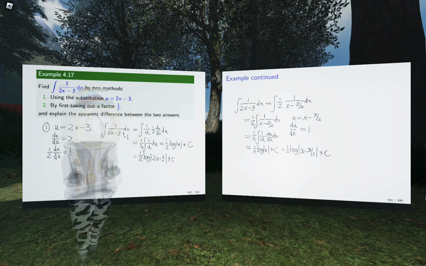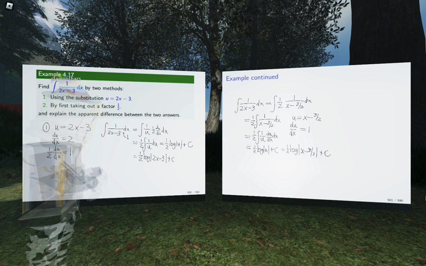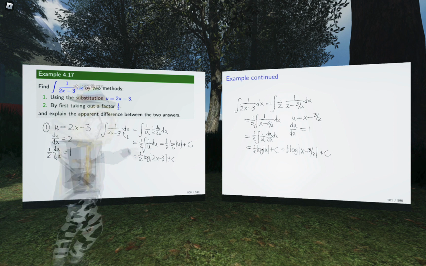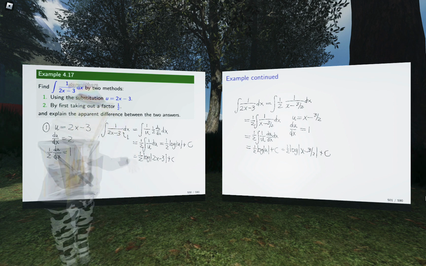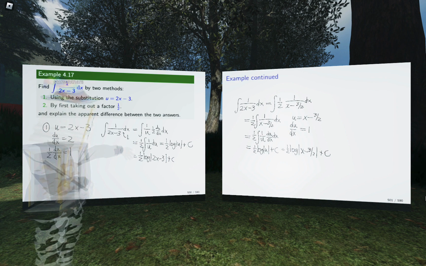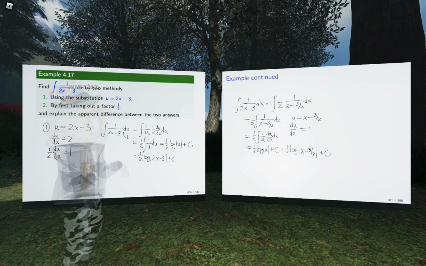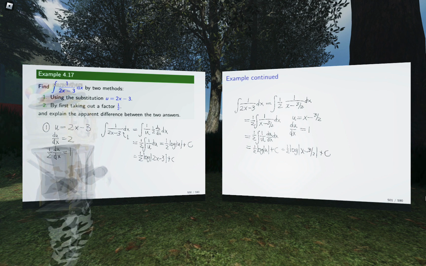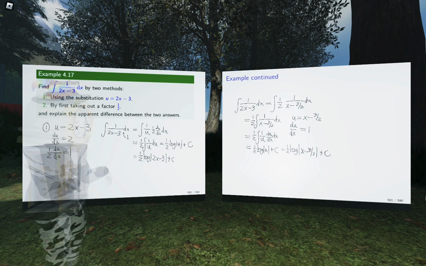What's the difference between those two expressions? Well, keep in mind, first of all, that the indefinite integral is not a function. It's a family of functions. So this stands for the family of functions, which is a half log 2x minus 3 plus any number. And similarly, that family over there is a half log x minus 3 on 2 plus any constant.